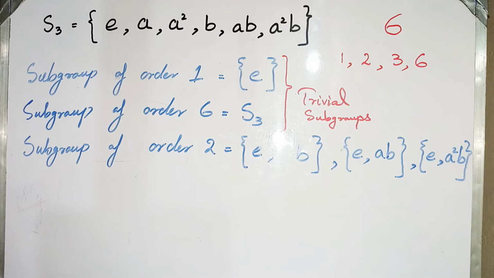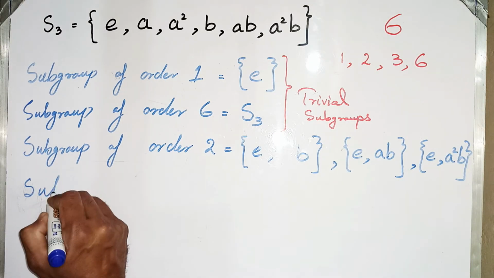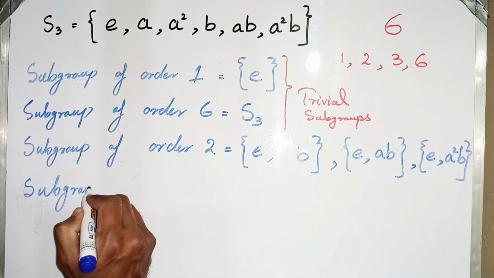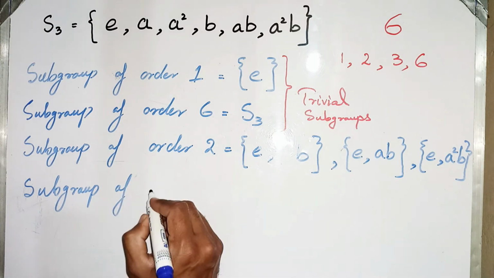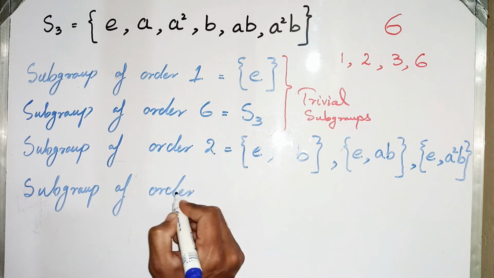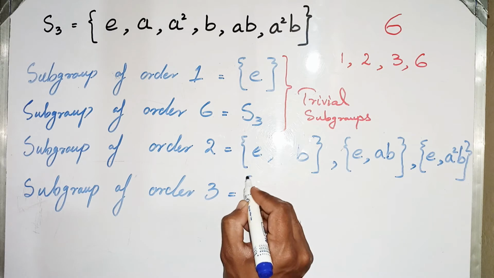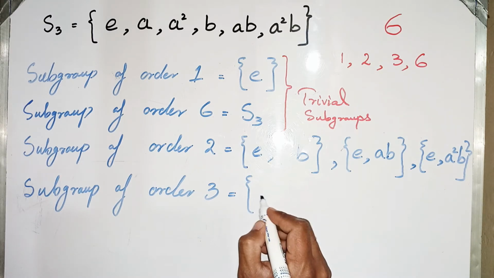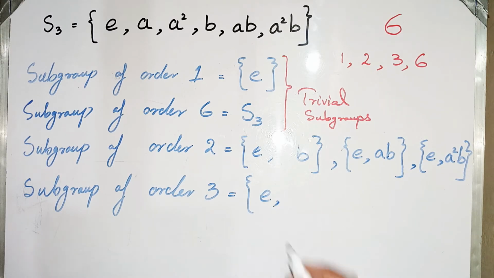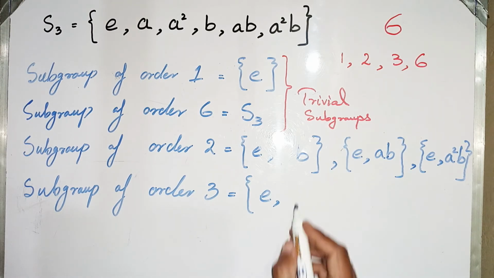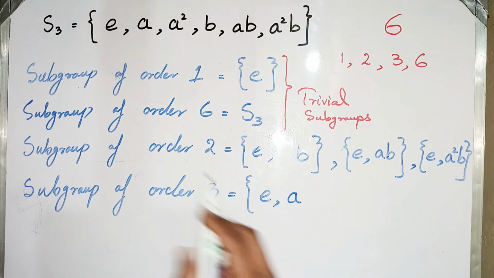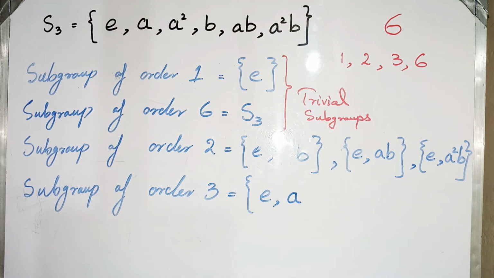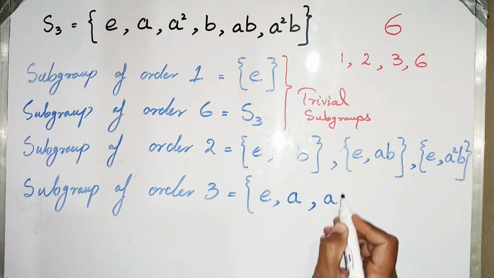Now we move towards the subgroup of order 3. Similarly, you will write the identity element first. After that, suppose I select A as an element of the group S3, and now we must write its inverse, and the inverse of A is A square.